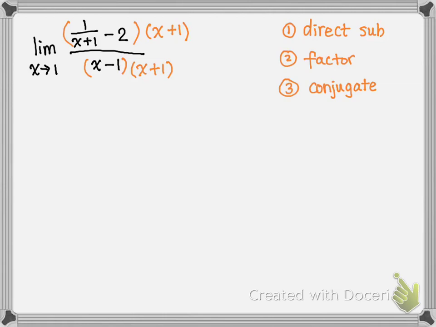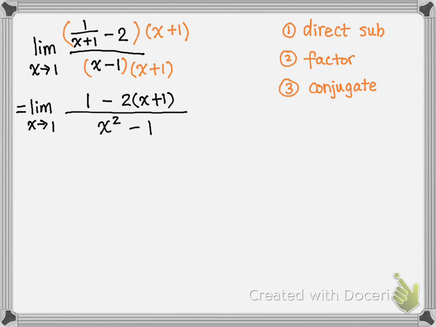So in this case, we get the limit as x approaches the number 1. On the top, we get 1 over x plus 1 times x plus 1, you get 1, minus 2 times x plus 1. In the bottom, we get x squared minus 1.